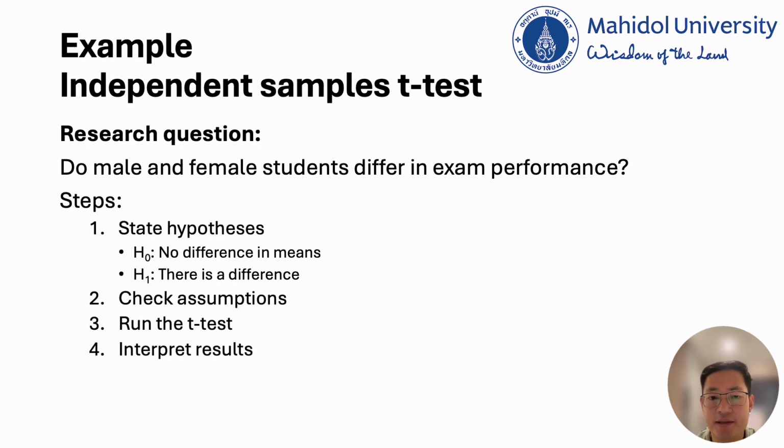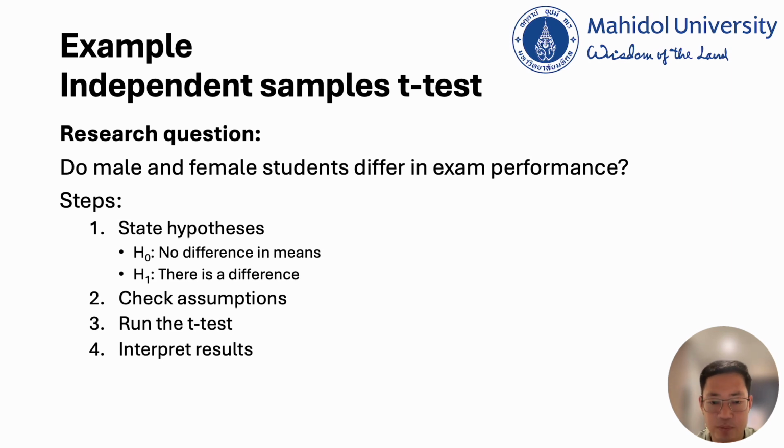Now, let's look at an example. Suppose we want to find out whether male and female students perform differently on exams. First, we formulate our hypothesis. The null hypothesis states there is no difference in exams. The alternative hypothesis suggests a difference exists.